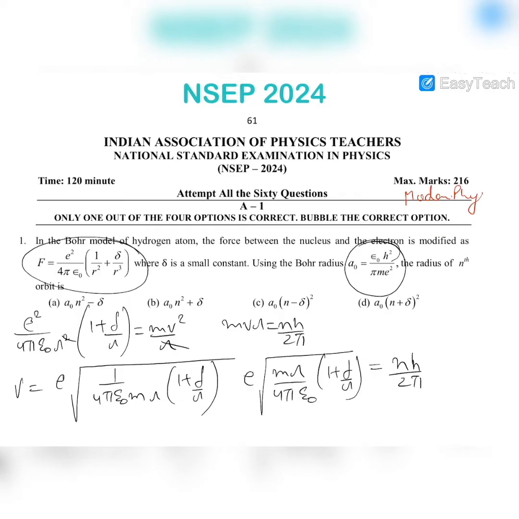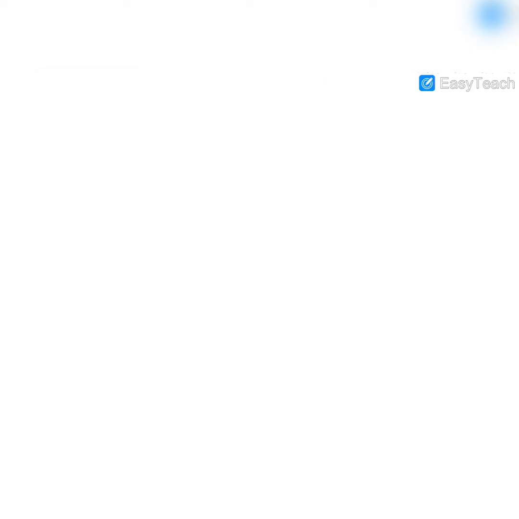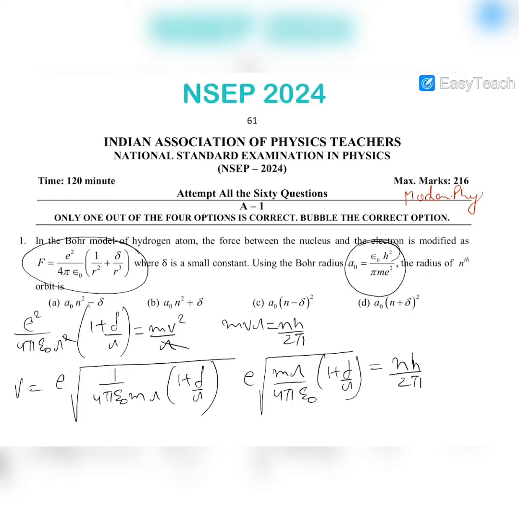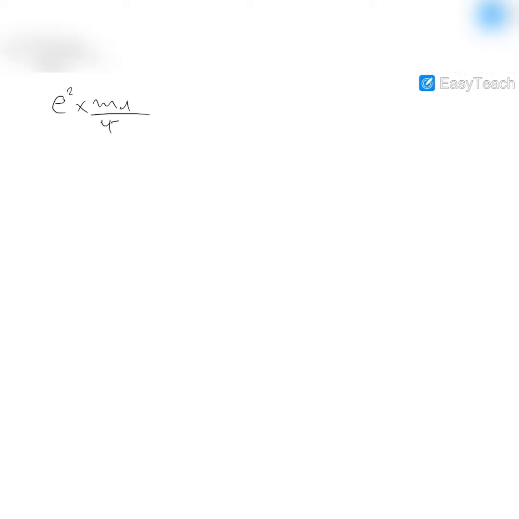If we square both sides, it would be e square into mr divided by 4 pi epsilon naught and multiply by 1 plus del by r, and that is equal to n square h square by 4 pi square. So cancelling this 4 with 4, pi with pi, we have to find out the value of radius.